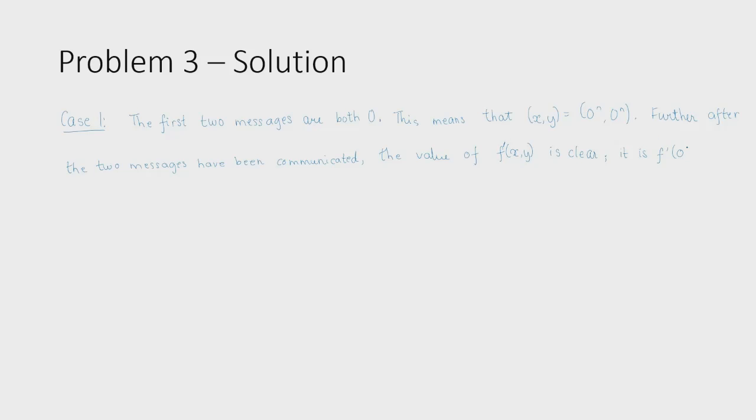It is f prime of 0 to the n comma 0 to the n, right? Yeah. So in the first case, what does our protocol do? It just communicates these two bits and stops. Because the moment these two bits have been communicated, the value of f prime is clear. The protocol computes f prime in this situation correctly, right? Yes.